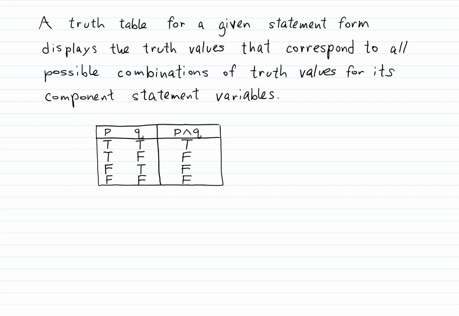And what I just wrote there, that's called the truth table for P and Q. Okay? Or even more technically, it's the truth table for the conjunction of P and Q. Okay, let's do the truth table for the disjunction of P and Q. And by the way, let me say this.